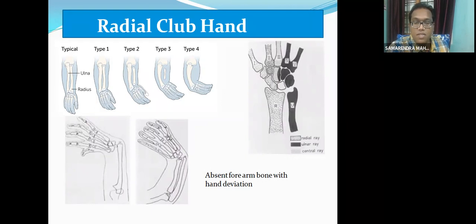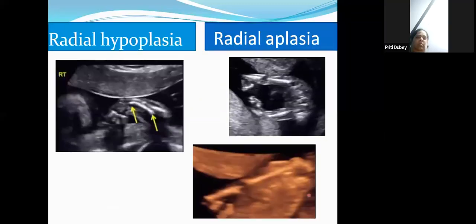That means the part of the digits on the radial side are the radial ray area, and the part of the digits on the ulnar side are the ulnar ray area. And when one bone is affected, the radial ray area is also affected by the same process.